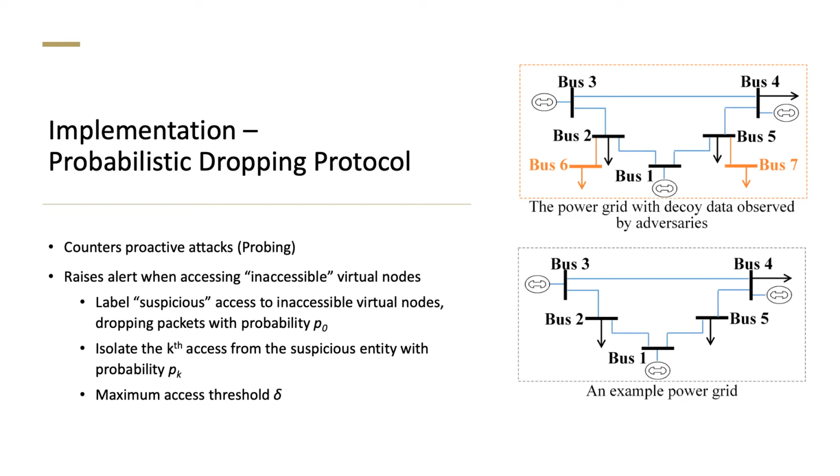And if this type of illegal access continues for the kth time, they will drop the packet with the probability of PK. And also we have a threshold, which is the maximum allowed illegal access. Once we go above this threshold, you will know for sure that this must be an attacker, because under normal operation, no one would try to access these inaccessible nodes that many times.